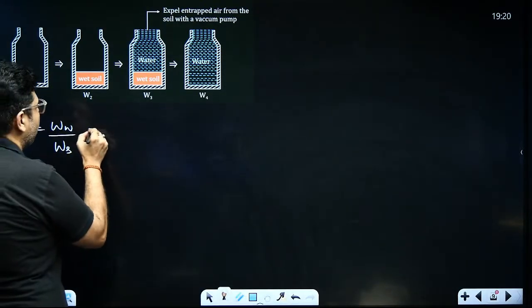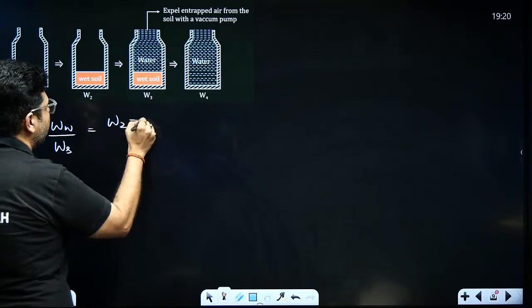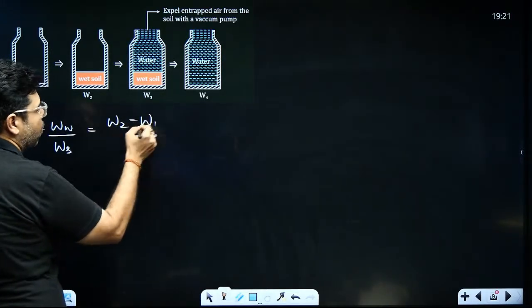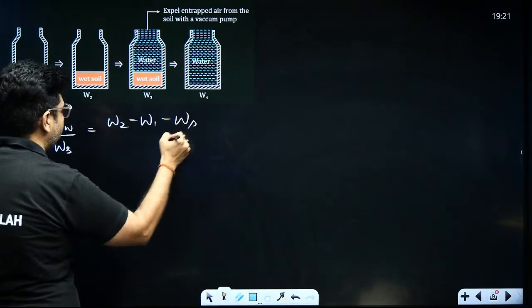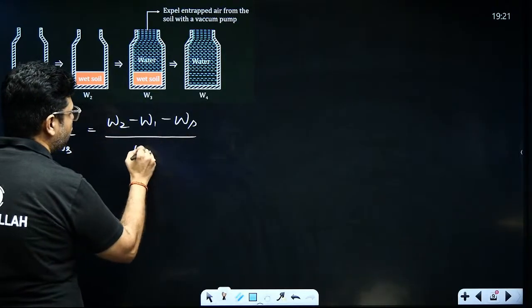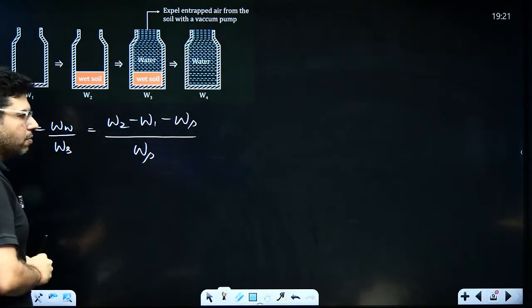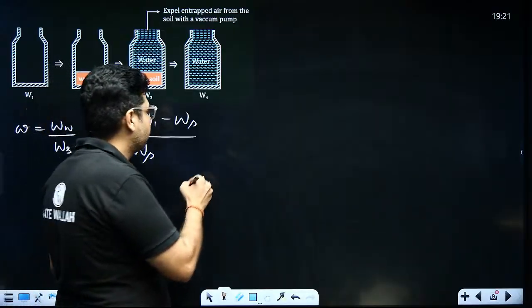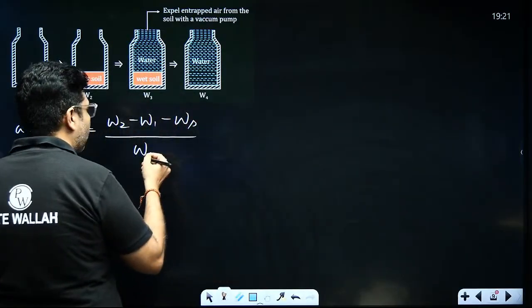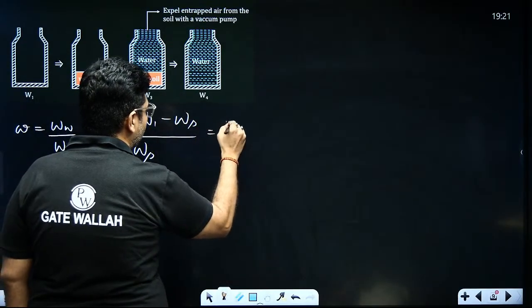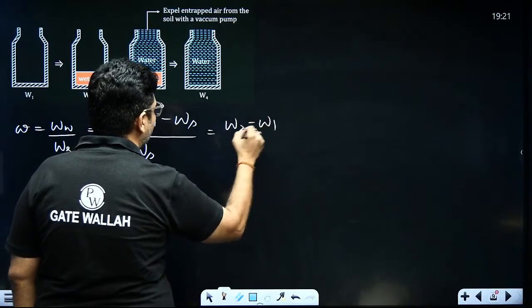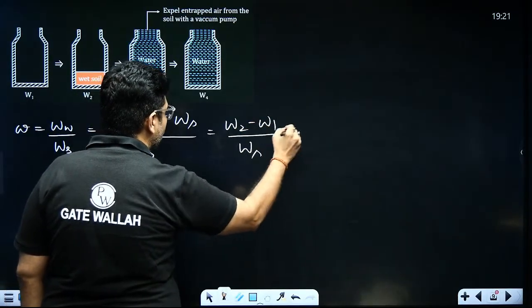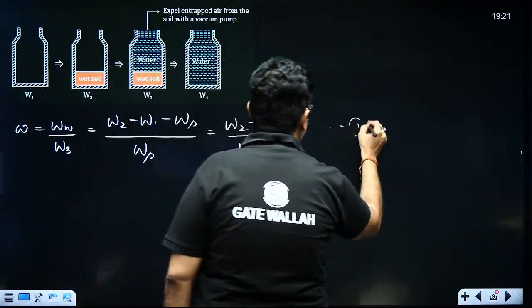Weight of water is how much? That is W2 minus W1. This is weight of soil minus weight of solids divided by weight of solids. This is my equation number 1. Or I can write it like this, that is W2 minus W1 upon Ws, minus 1.